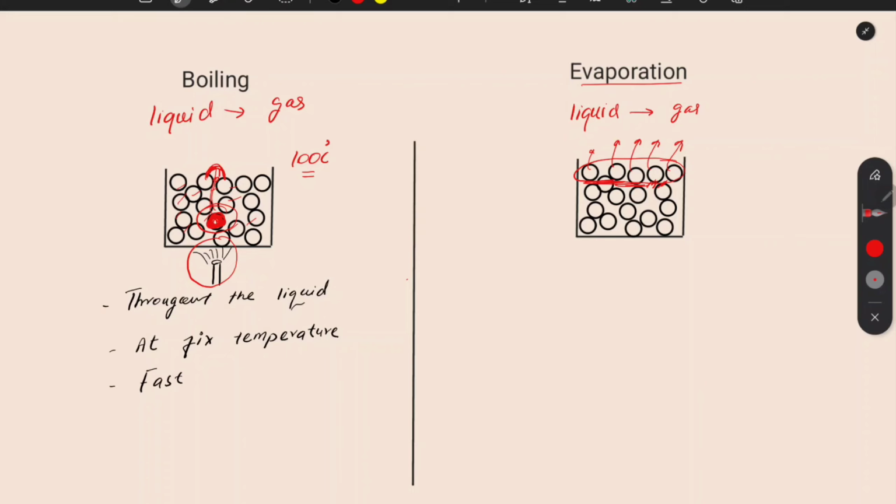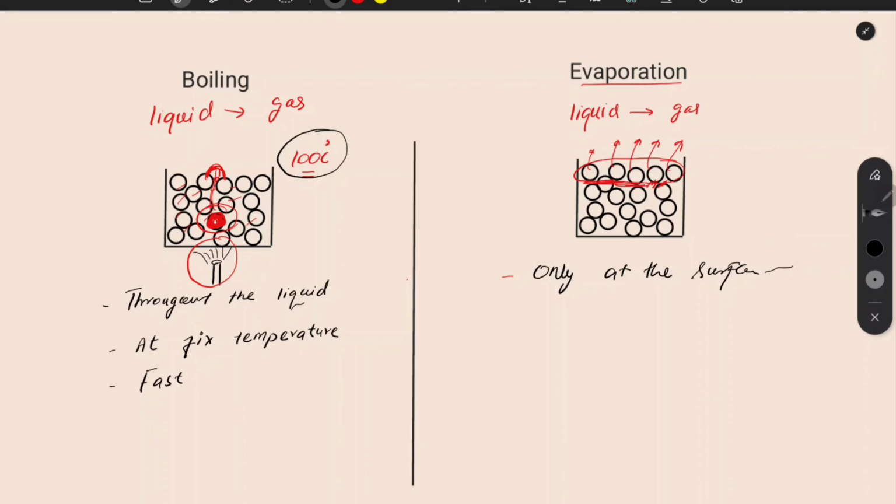So this is boiling. It will occur throughout the liquid, but evaporation will occur only at the surface of the liquid. Boiling will occur at a fixed temperature, as we have just discussed, 100 degrees centigrade.